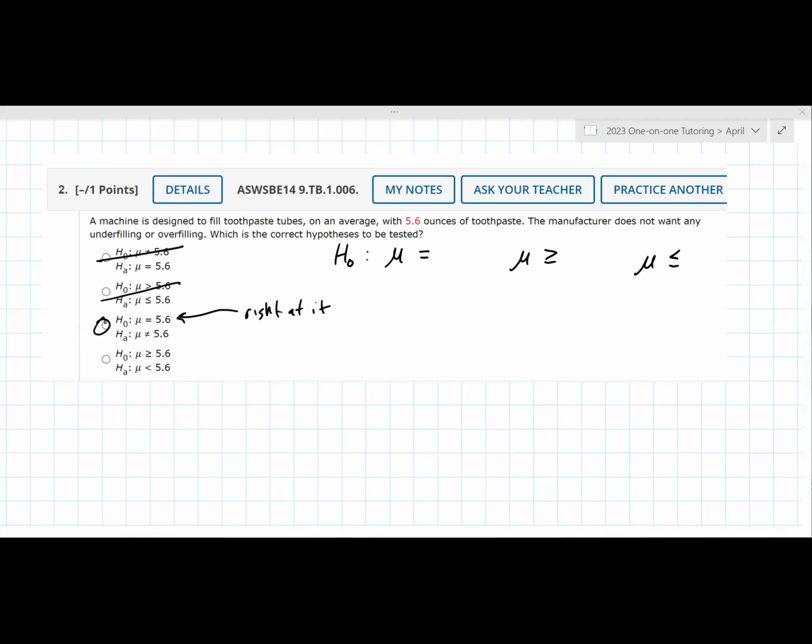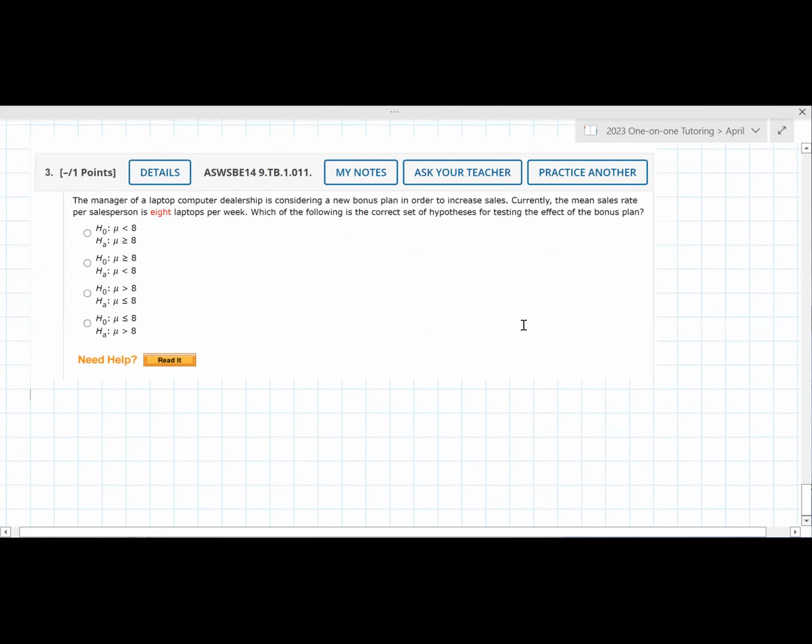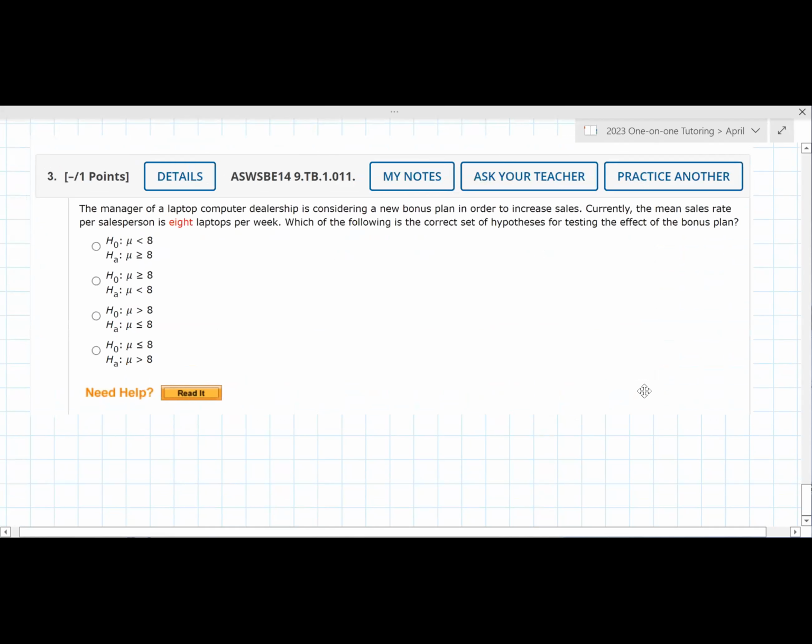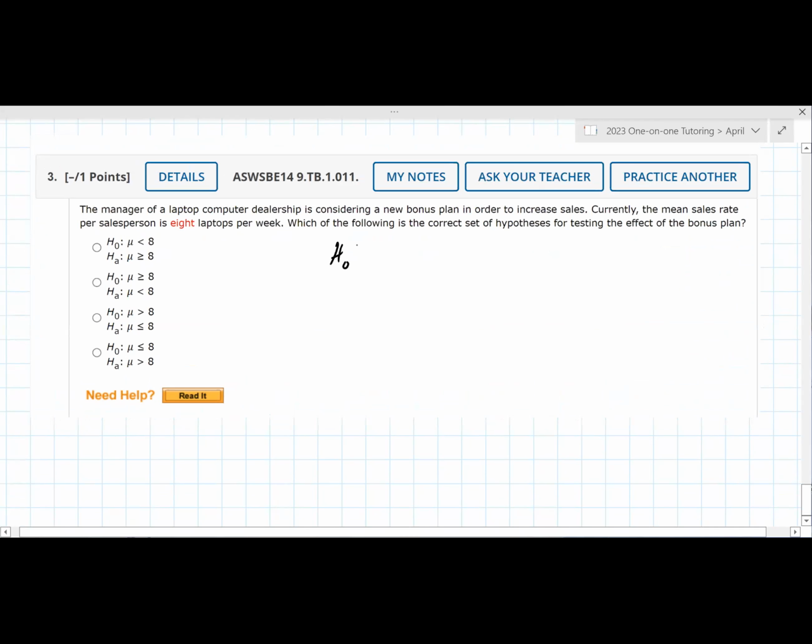So you've got to be able to convert those words: under, over, less than, greater than. Yeah, that one's right. Again, the H0 has to be either a mu equal, a mu greater than or equal to, or a mu less than or equal to. That's something you'll see on your test.